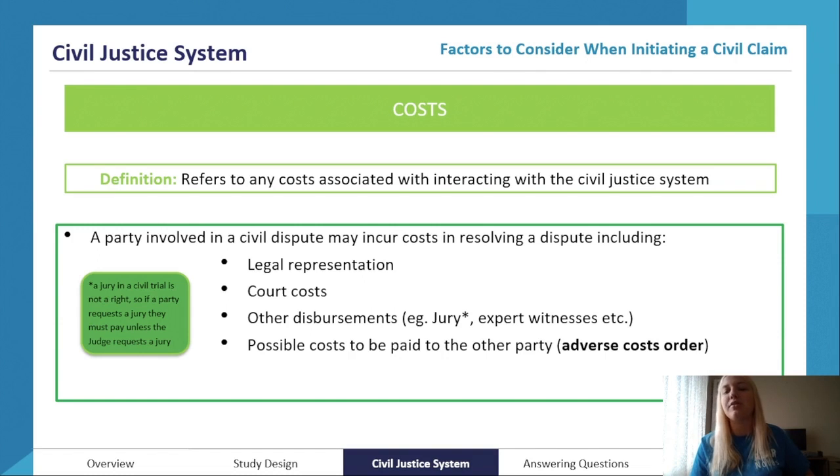So I mentioned this term, adverse cost order. This is really important when you're discussing costs in terms of the plaintiff having to decide if it's worth initiating a civil claim or not.